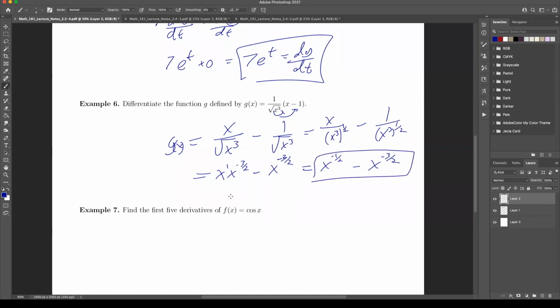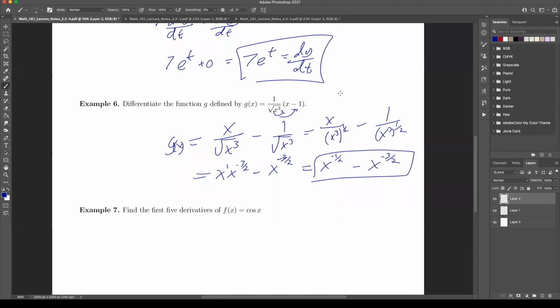Anyone confused how I got to this point? I haven't taken a derivative yet. I've just been doing manipulation on g of x. Everyone see how I got to this point? I just distributed the square root of x and redefined it this way.